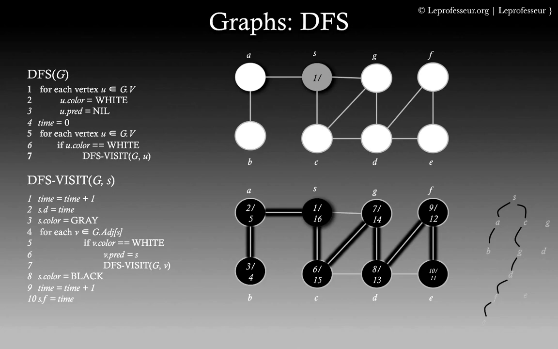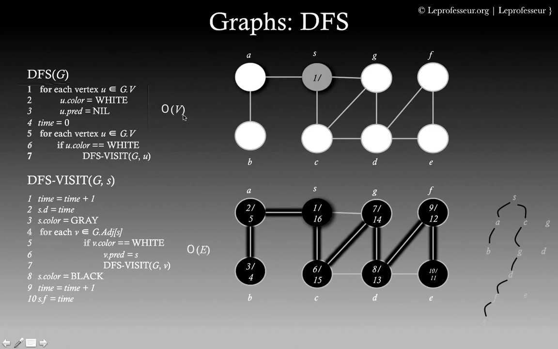Now let's talk about the complexity. The very first block of the DFS algorithm, the initialization step, is going to take in the order of V, whatever number of vertices you have in your graph.